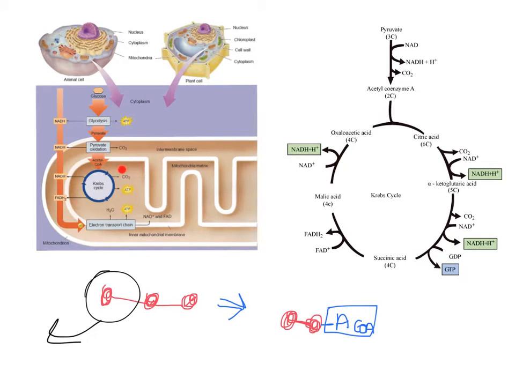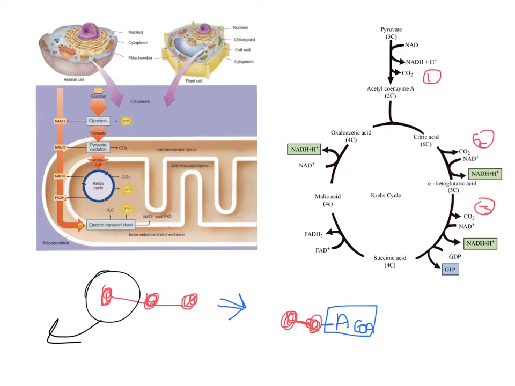So you end up with 2 CO2s leaving from the Krebs cycle, 1 here and 1 here. And those 2 CO2s plus this CO2 up here equals 3. So there's your 3 carbons every time the wheel turns. You take out 1, 2, 3 carbons. And that's for every pyruvate, because every pyruvate only has 3 carbons.